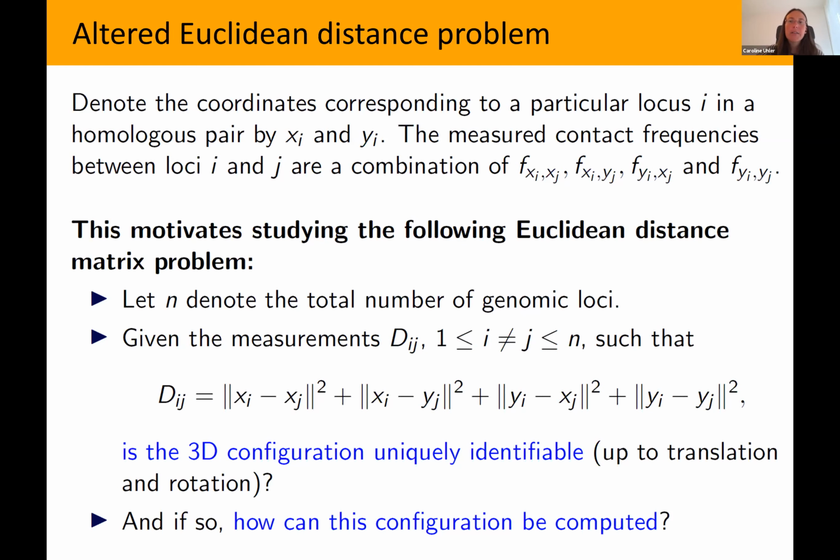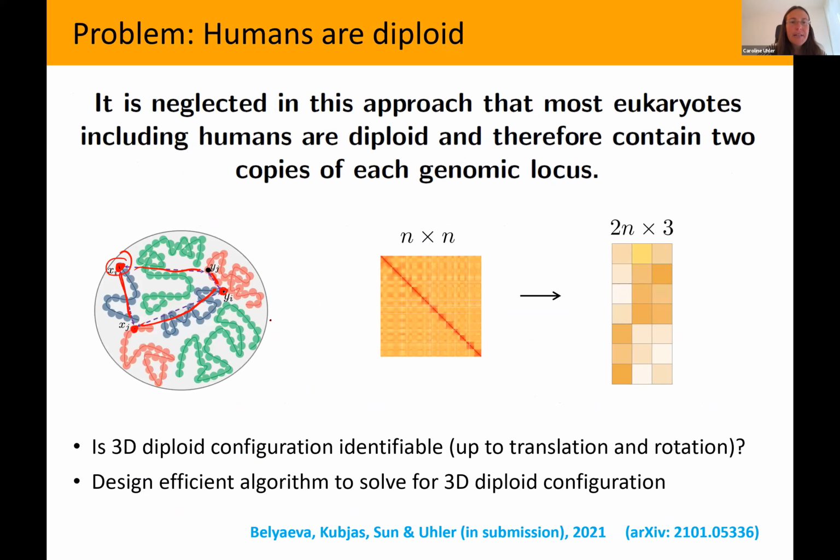Okay, so xi and yi are these 2 copies, like what I had here. So this xi and this yi are 2 copies that we cannot distinguish from each other, and xj and yj are 2 copies that you cannot distinguish from each other. And now if you have distances between locus i and j, well, it has to be the sums over all distances between any xi or yi and any xj or yj.